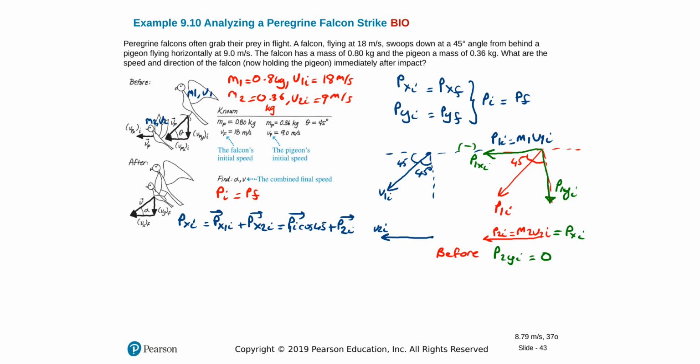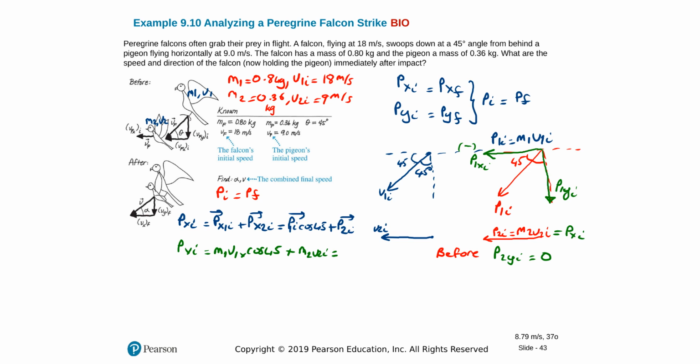And we'll say Px initial is equal to M1 V1 initial cosine 45 plus M2 V2 initial. When we put in all the numbers and calculate the initial X component of the momentum, I'll leave it up to you to do, folks.